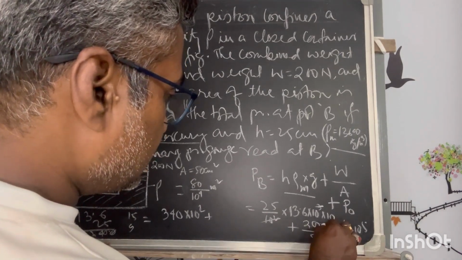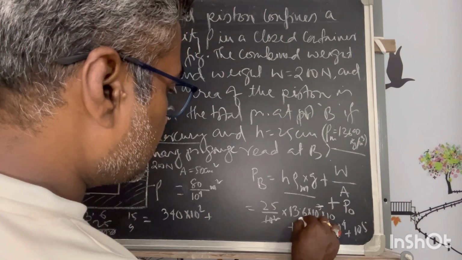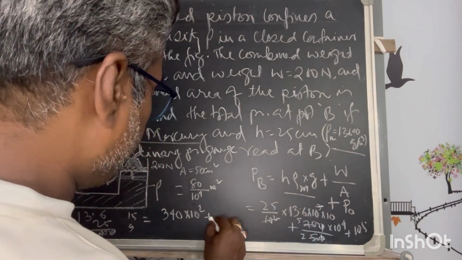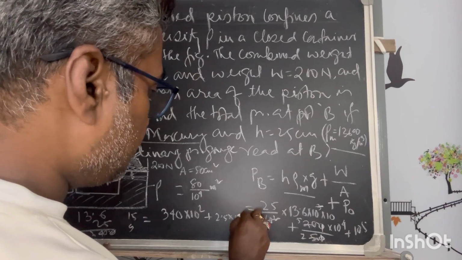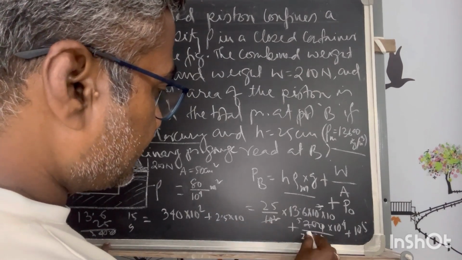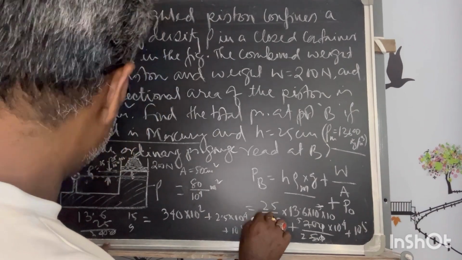Second term, this one will cut. 4 2s are 4, 5s are 2.5. So 2.5 into 10 to the power 4, plus 10 to the power 5. So this will be the case.